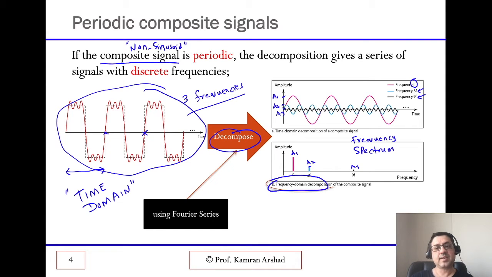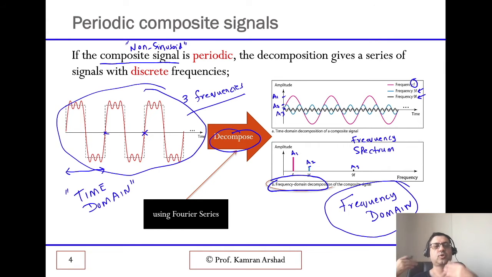On the other hand, the frequency domain or frequency spectrum is, in the beginning, difficult for us to comprehend or to think about intuitively. Because if I show you these 3 bars, it's almost impossible to think how the signal is changing in the time domain, right? Unless you have a computer.